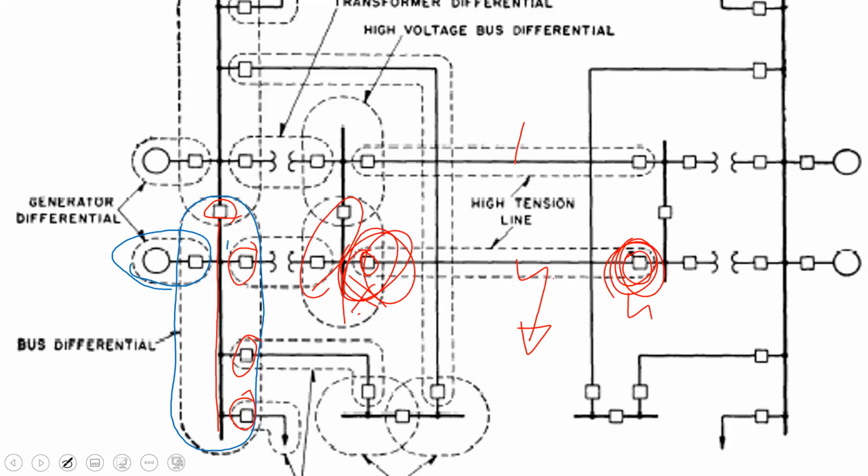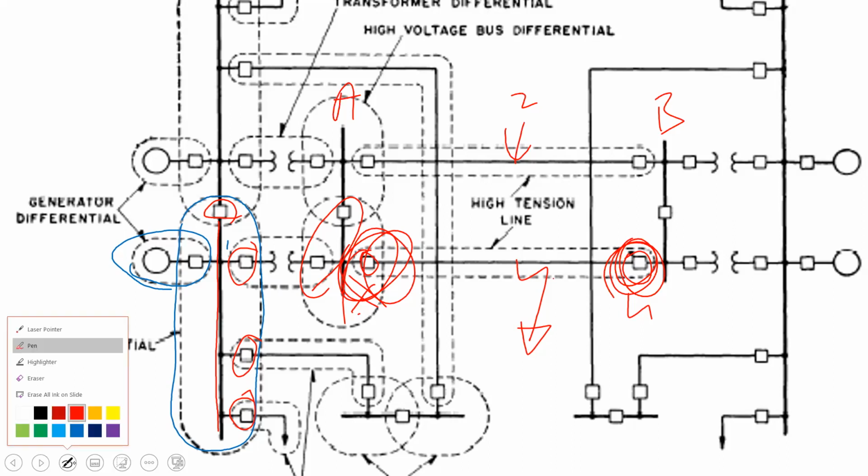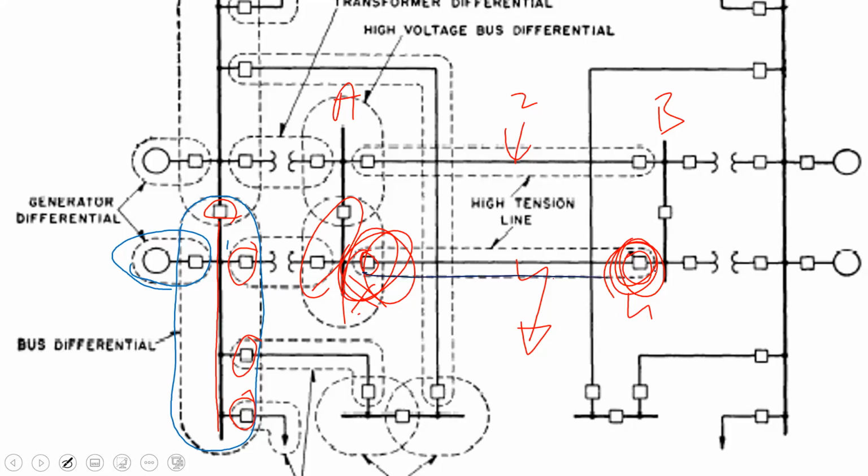Because the line at the top, this one, would continue to connect bus A and bus B. So the line at the bottom would be isolated. It will be removed from the system because of the fault, but the customers would not know. We'll continue to operate. You with me? This is what discrimination is about.